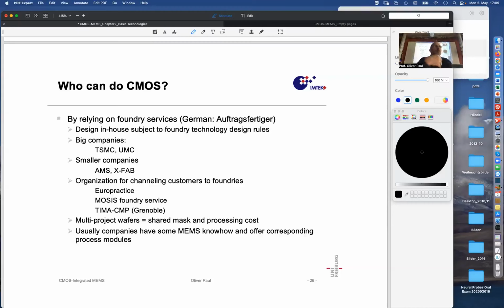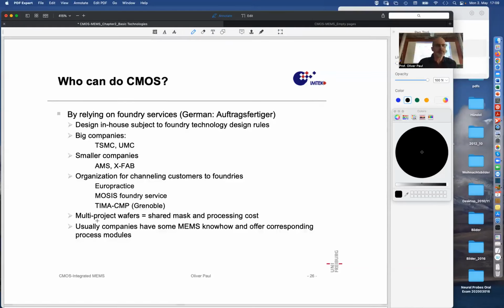That's not a multi-project wafer run, because the multi-project is our part. Yeah? We just say, okay, produce the wafer, and we get 3 guaranteed wafers back. And then we cut them into chips and do whatever processing is necessary to make microsystems out of it.